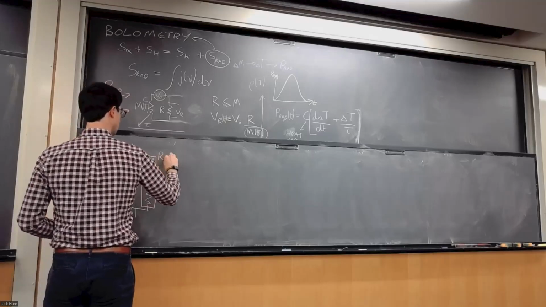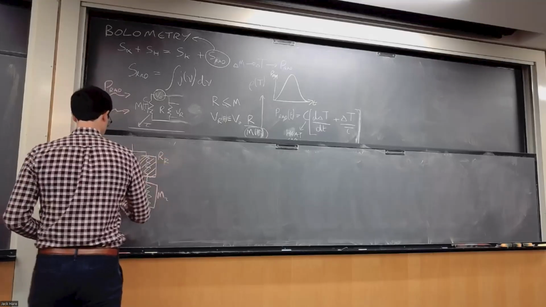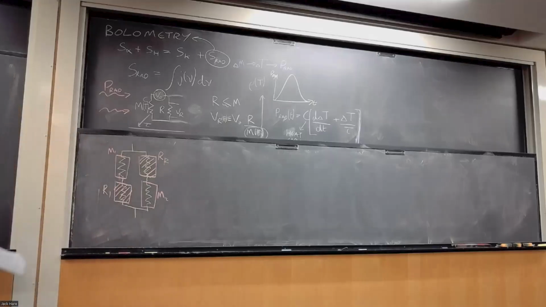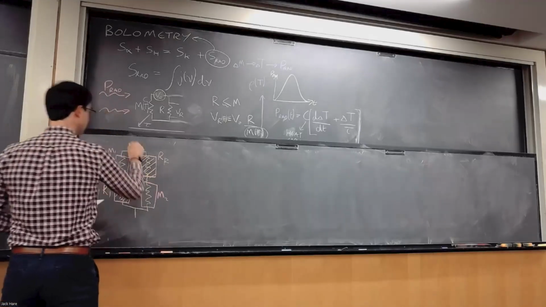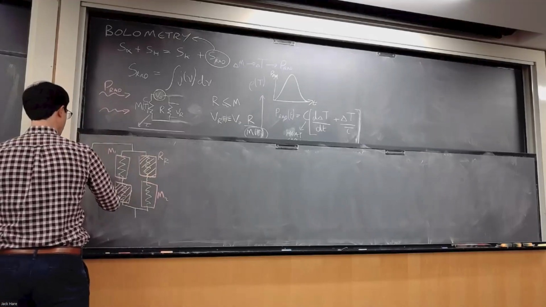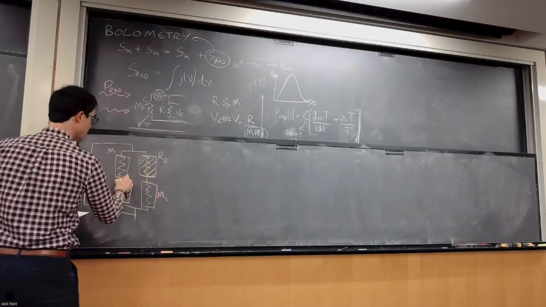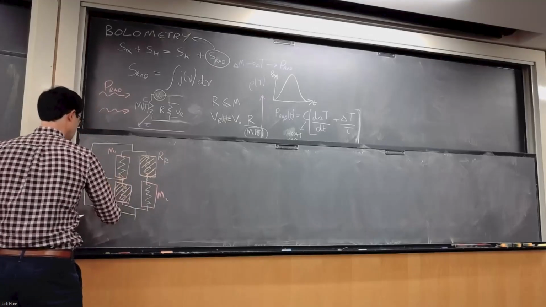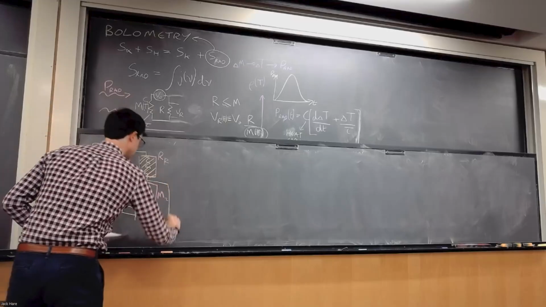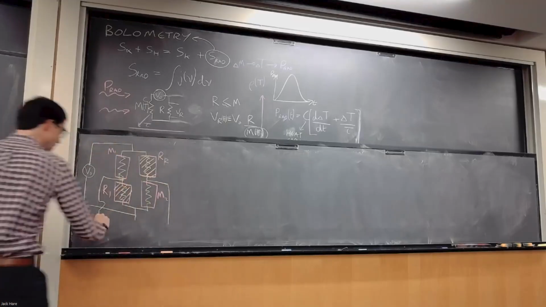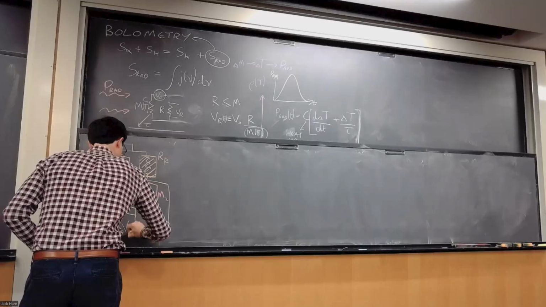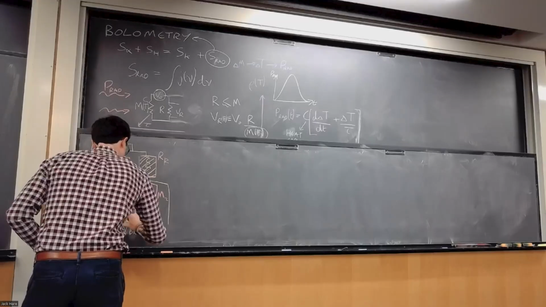I think I'm just going to call these R2 and R1. And in a Wheatstone bridge, what we now do is we still have a potential drop, V0, over the entire bridge, but we now measure the potential difference across these pairs here. And that is called the bridge.